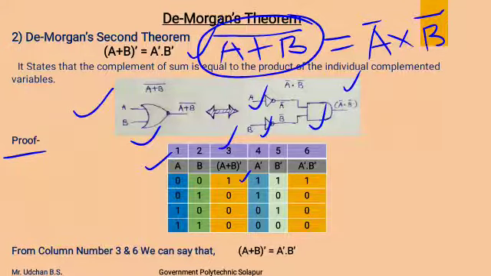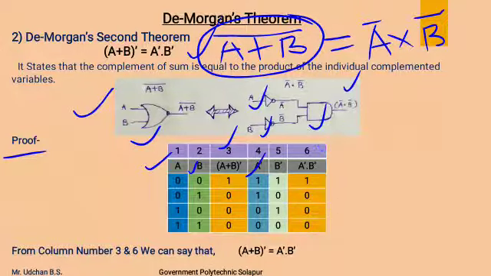Now in the fourth column again, values of A complement are written, that is values of A are 0 0 1 1, values of A complement will be 1 1 0 0, values of B are 0 1 0 1 and values of B complement will be 1 0 1 0. In the sixth column, the product of A complement and B complement is written, that is 1 into 1 will give you 1, 1 into 0 will give you 0, 0 into 1 will give you 0, 0 into 0 will give you 0.